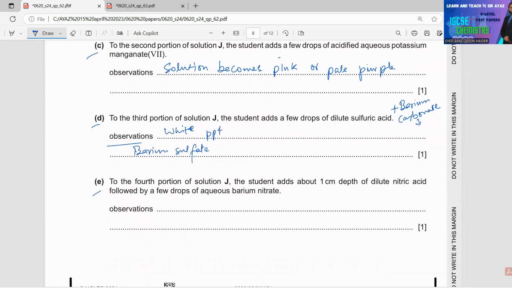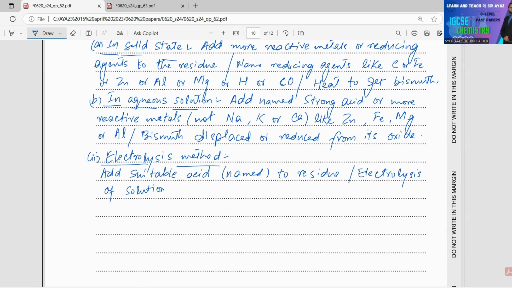Part E. To the fourth part of solution J, the student adds about 1 centimeter depth of dilute nitric acid followed by a few drops of aqueous barium nitrate. Now the fourth portion, they are adding nitric acid followed by barium nitrate. So there will be no change, because barium nitrate is used for the presence of the sulfate ion.